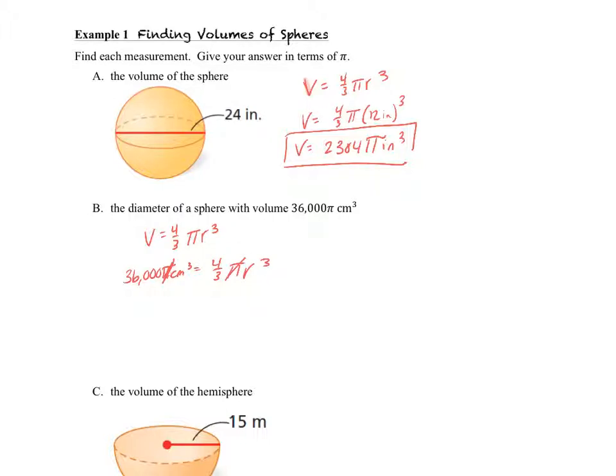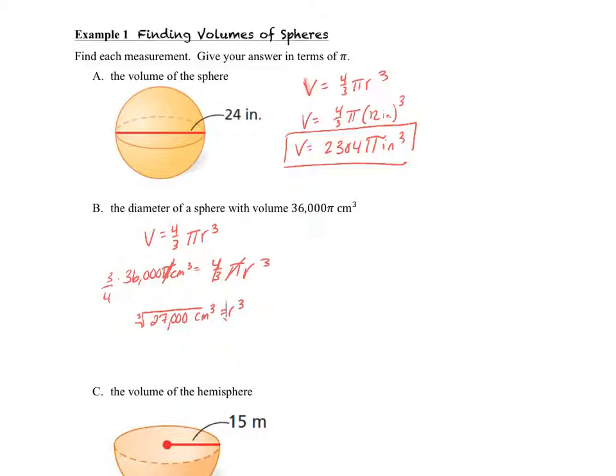But we can divide both sides by 4/3, which is really multiplying by 3/4 to both sides. And when we do that, we get 27,000 centimeters cubed equal to r cubed. Then we take the cube root of each of those.